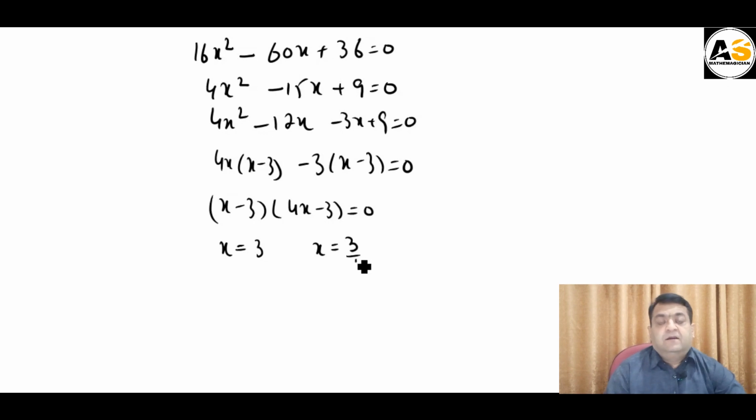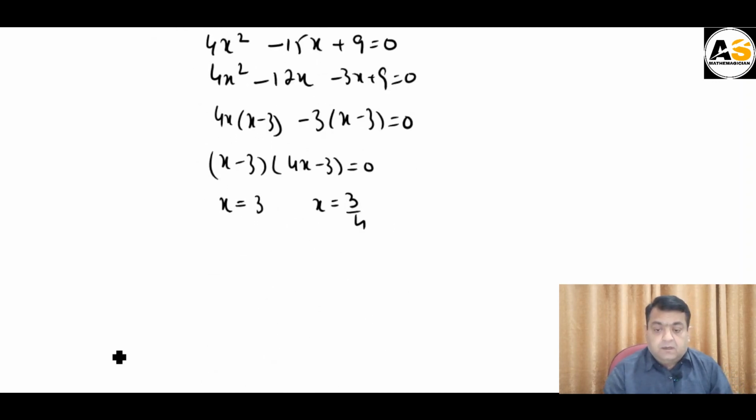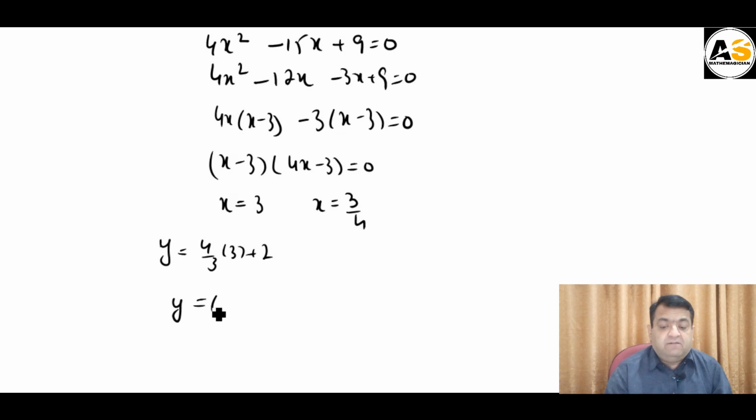What was y? y was equal to 4 over 3x plus 2. So when I put x equal to 3, I will get y is equal to 6. And when I put x equal to 3 over 4, I will get y is equal to 3. So the 2 points are (3, 6) and (3/4, 3).